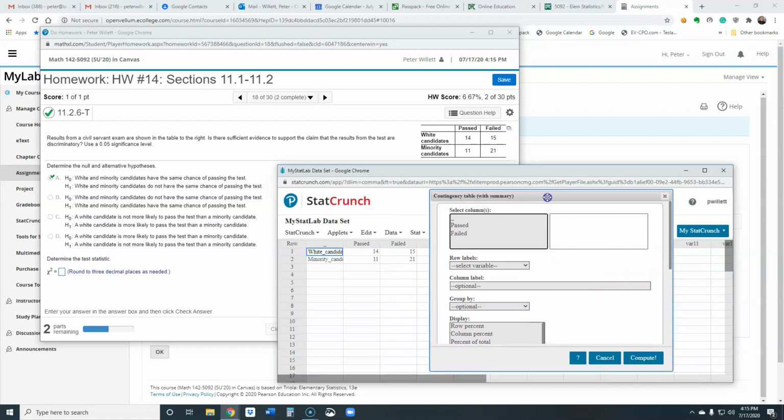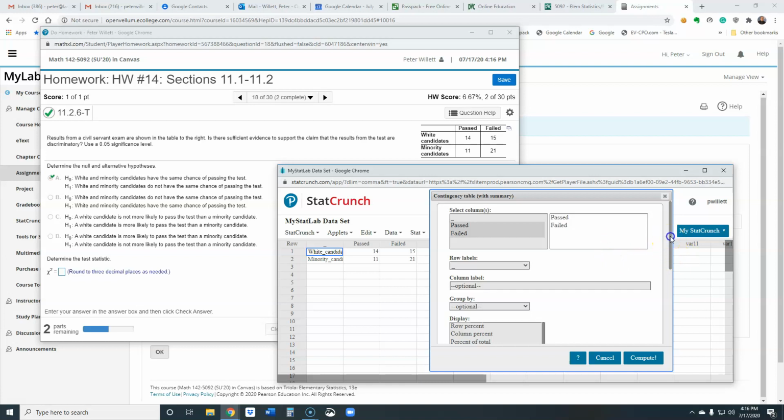StatCrunch wants us to select which of the columns had the results in them. The first column has the labels for white candidates or minority candidates, so we want to instead pick the column that has the passed, and I'm going to hold shift so I can collect them both, and the failed. Those are the columns with the observed results in them. The row labels are in the column with the little underlined score here. That's where the labels are for the rows.